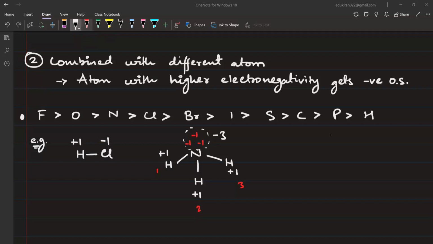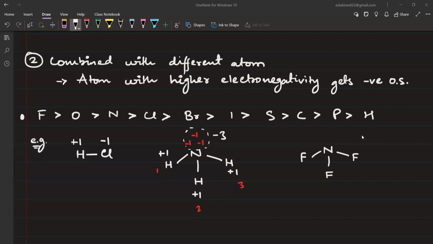Similarly, if I have something different, for example NF3, nitrogen with 3 fluorine atoms, now the situation will be reversed. Which is more electronegative, nitrogen or fluorine? Fluorine, yeah.